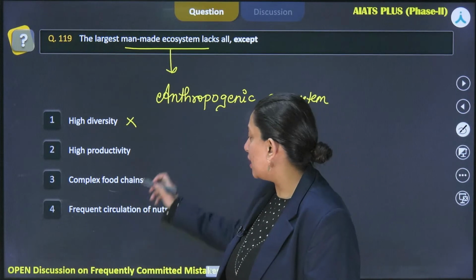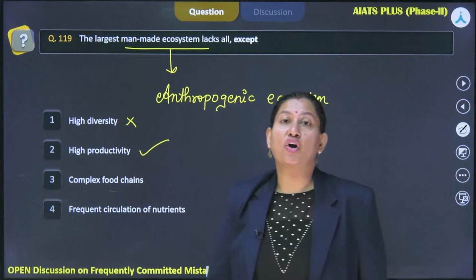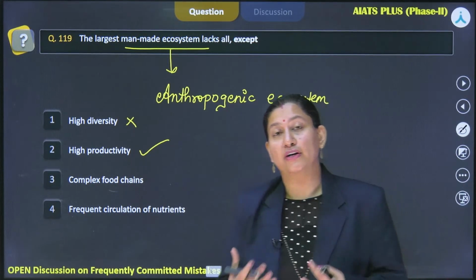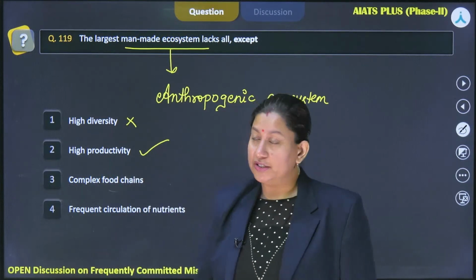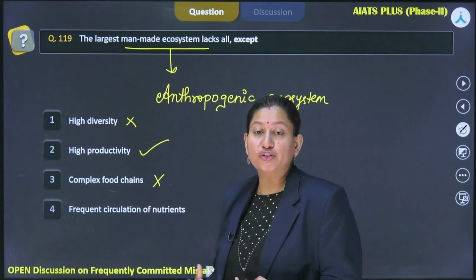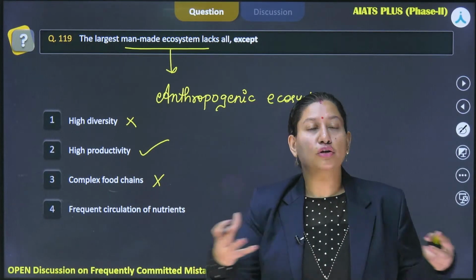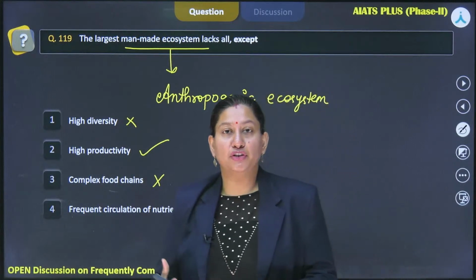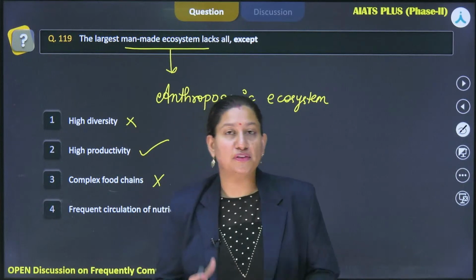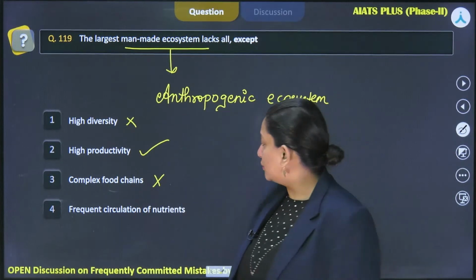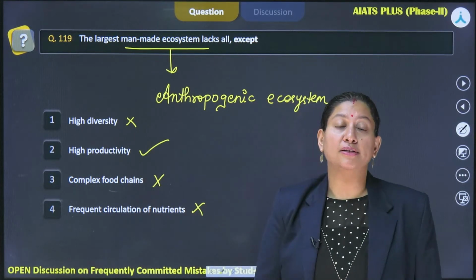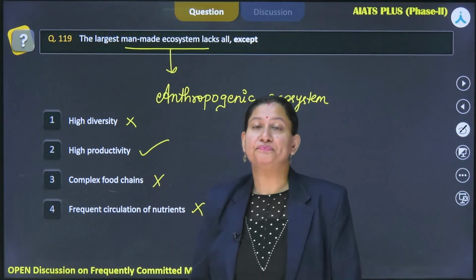Then it says high productivity. That is correct, because of this extremely cared-for environment and the selection of these kinds of organisms, there will be really high productivity over there. Then complex food chains, that's incorrect. In order to have complex food chains, you need a lot of diversity, right? Biodiversity should be really high in order to create these complex food chains. So that's also not possible because of the simplicity of these anthropogenic ecosystems. And then frequent circulation of nutrients, that's also not true, because this is not a self-sustainable system, right?